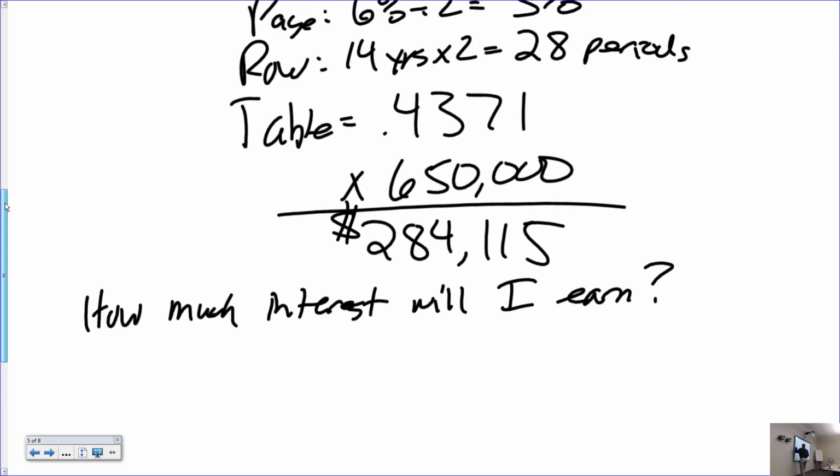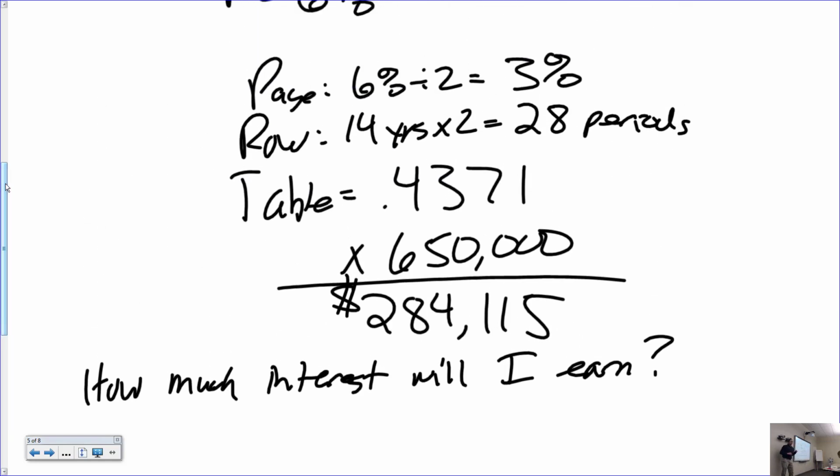Note that in any one of these questions, I can always ask you for either side of the question, or I can always ask where's the interest in this problem, okay? Just subtract the two numbers, right? Because 284,115 is how much you're going to invest. How much are you going to take out? The 650,000, right?